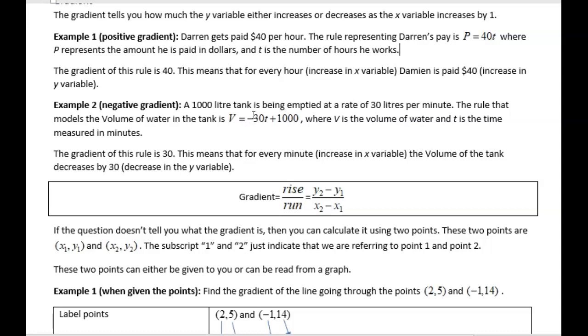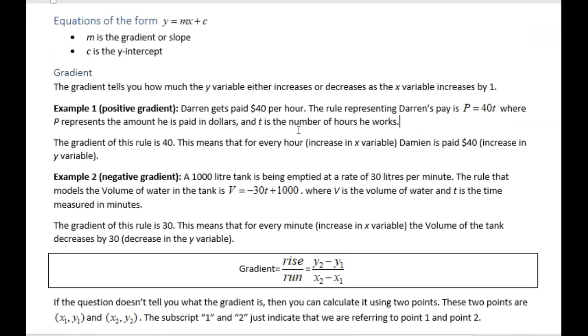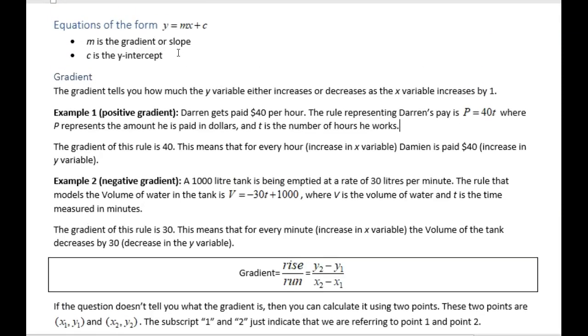So the negative 30 relates to the gradient, and this 1,000 is just how much we start off with. So if we go back to our rule, the negative 30 represents m, your gradient, and 1,000 represents c, your y-intercept. And when you think about the graph, we're starting at 1,000 and we're going down.